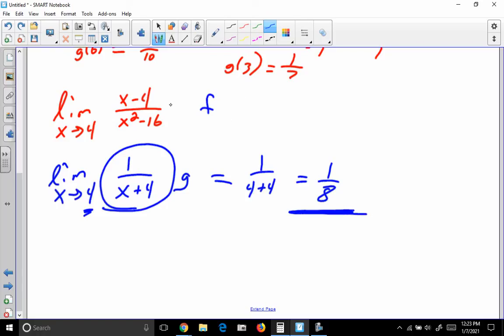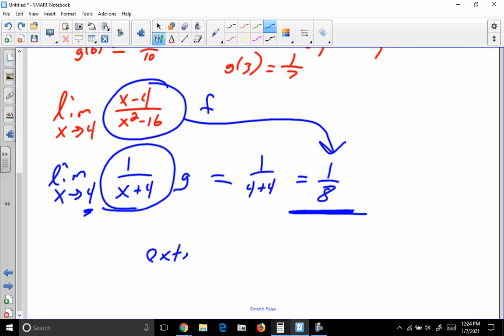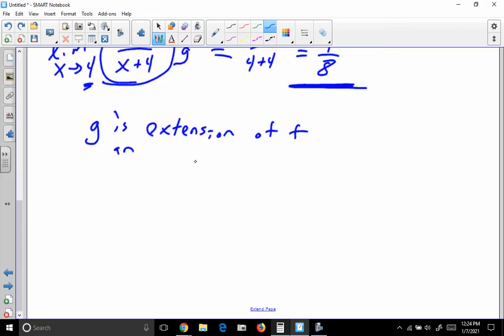This function is still undefined when x is 4, but if we were to compare x values really, really close to 4, like 3.9, 3.99, 3.999, then the answer would be approaching 1 over 8. g is referred to as an extension of f. It's a comparable function that differs at a single point.